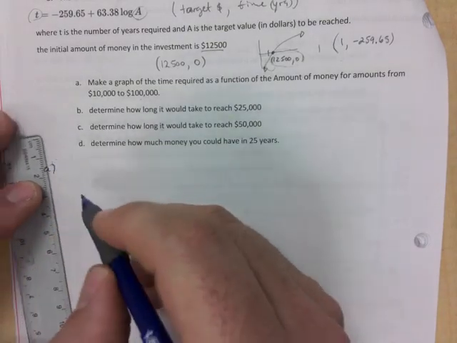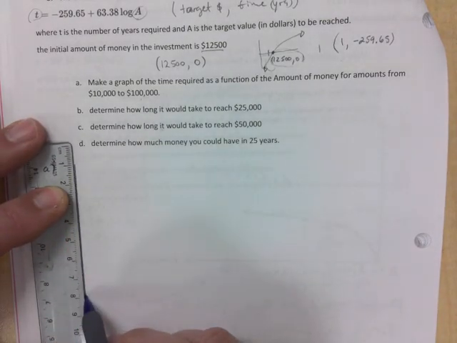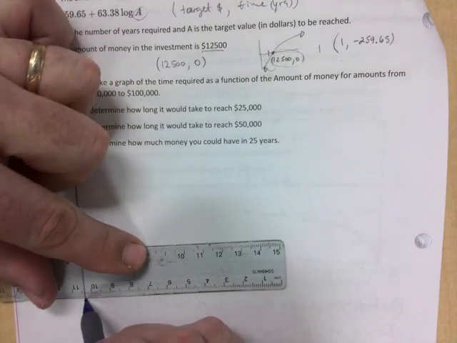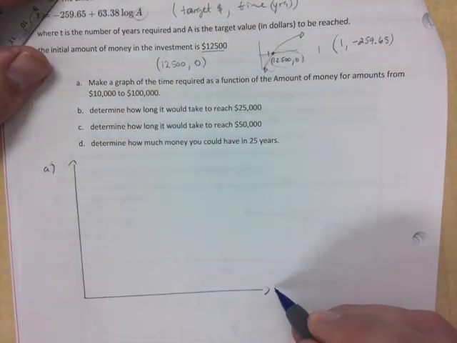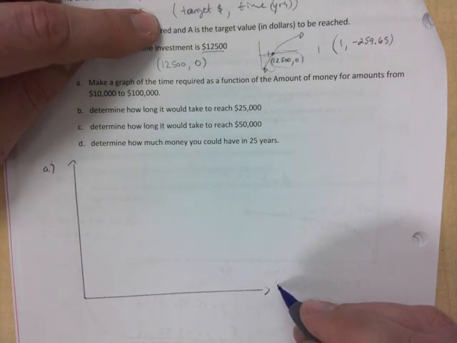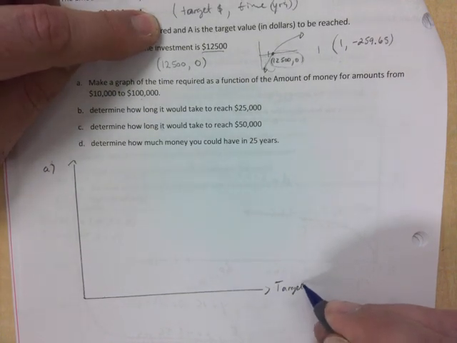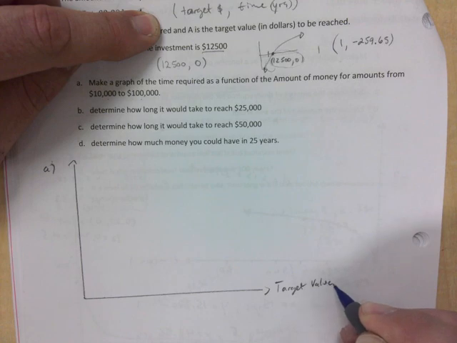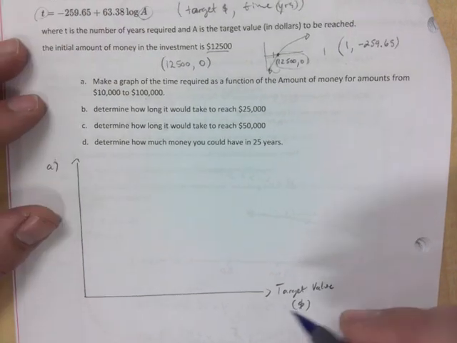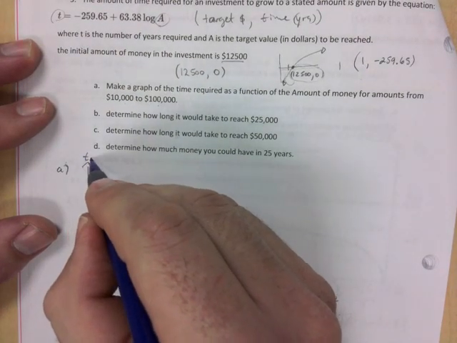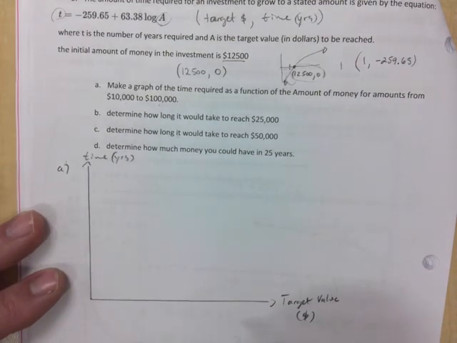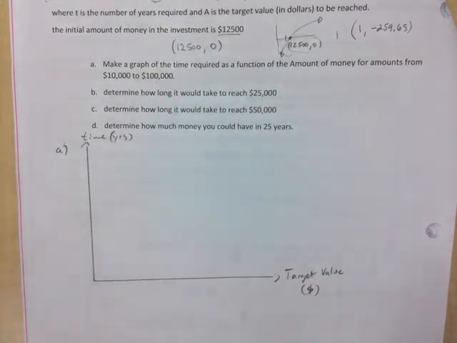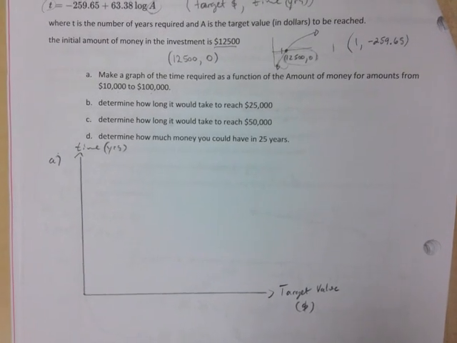So A, let's make that graph. That's the target value in dollars. This is your time in years. And so we will go ahead and graph this.